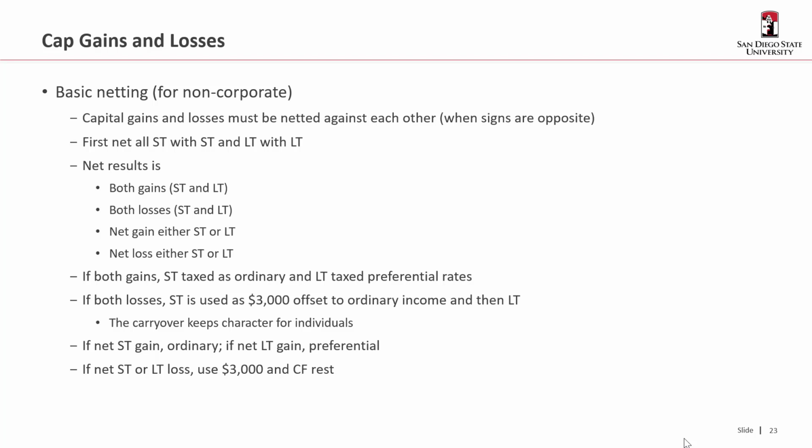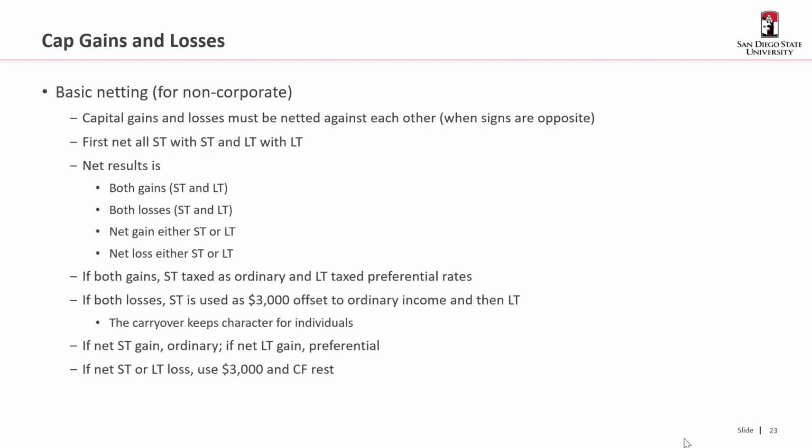So now let's apply some of the basic netting rules for capital gains and losses for non-corporate taxpayers, so for individuals. Capital gains and losses are required to be netted against each other when the signs are opposite. So assume from this point forward that netting means the signs are opposite, because summing would be when the signs are the same.